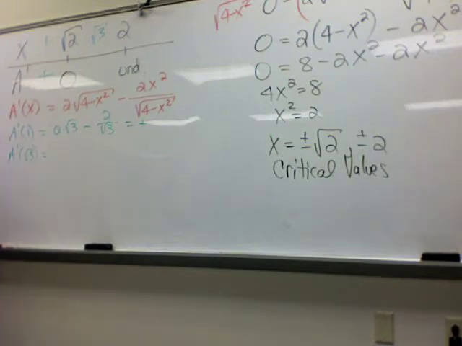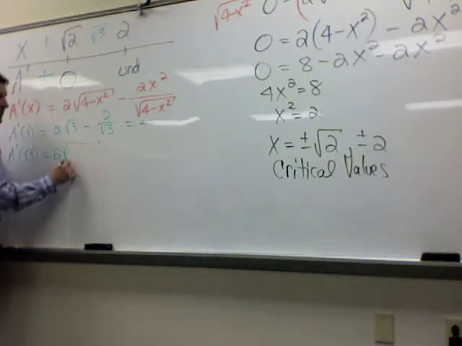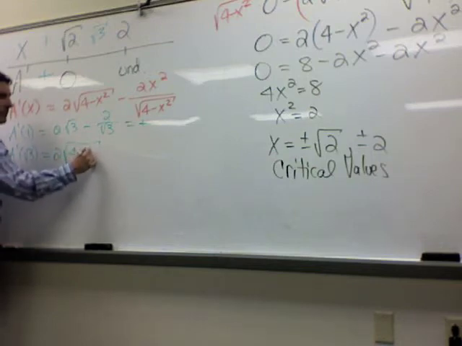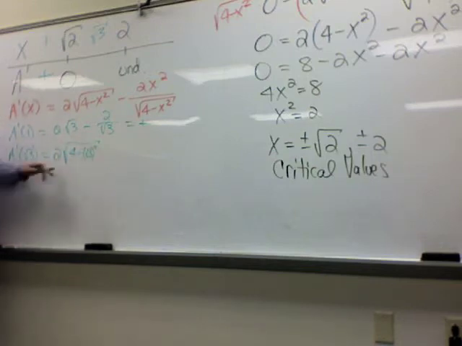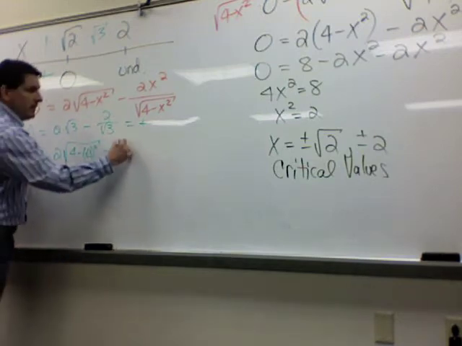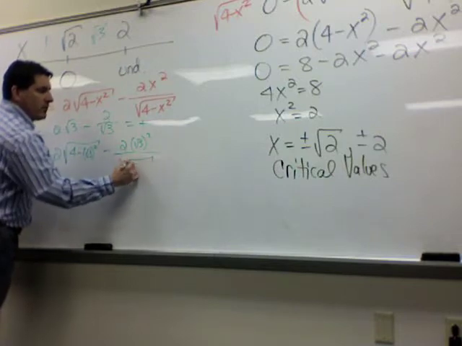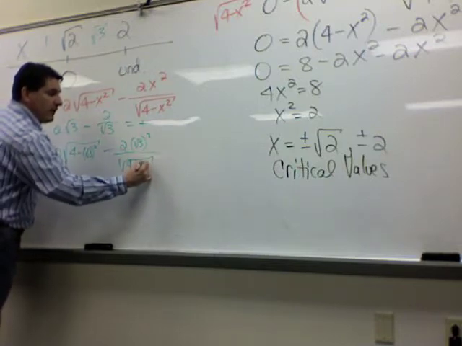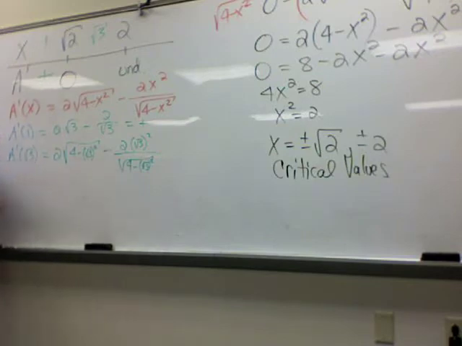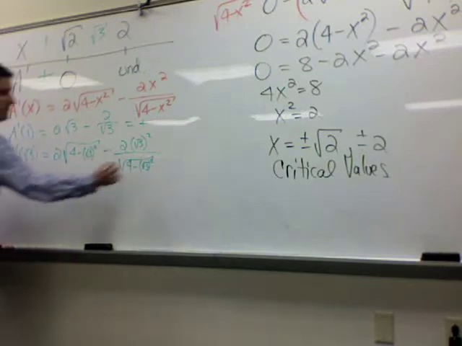Okay, let's do the square root of 3. 2 times, I'm going to do this here, square root of 4 minus square root of 3 squared. See what I did? Minus 2 square root of 3 squared over the square root of 4 minus square root of 3 squared. Looks complicated, but it's actually not that bad.